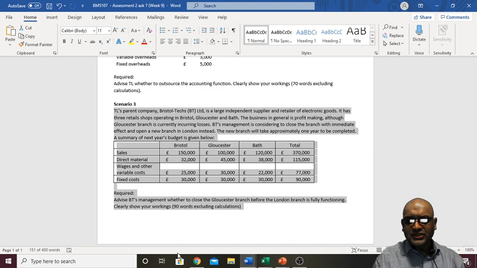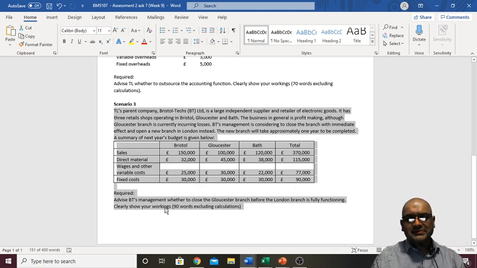The new branch will take approximately 1 year to be completed. A summary of next year's budget is given below. So we have sales for each of the branches and the total sales, then direct material for each of the branches, total, wages and other variable costs, 3 branches total, fixed costs 3 branches and total.